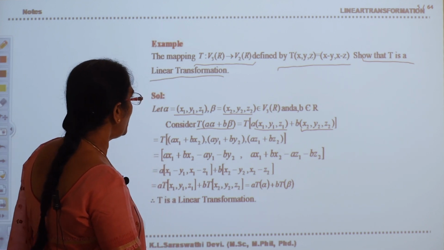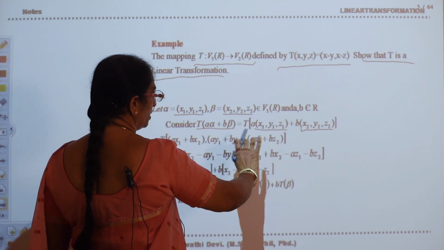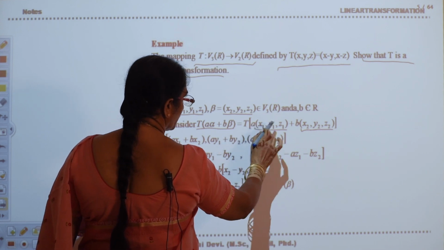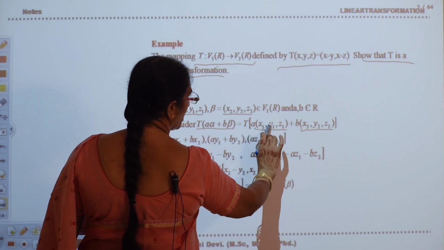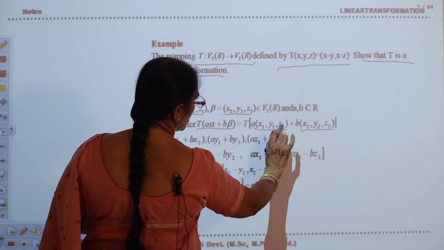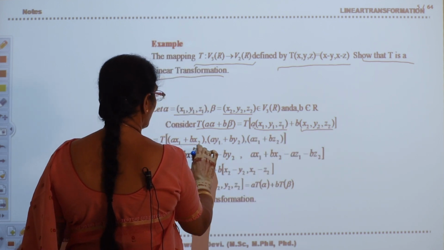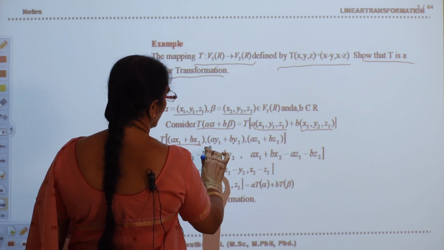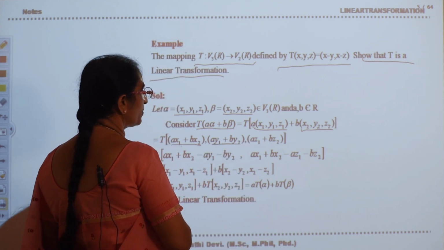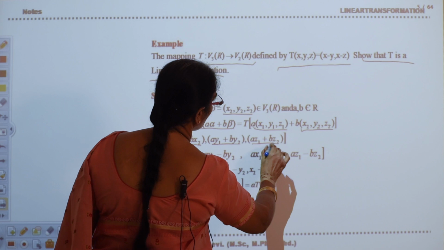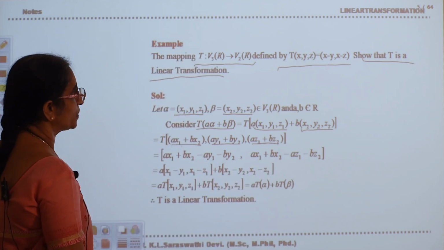Now by scalar multiplication and vector addition, if you add (ax1, ay1, az1) and (bx2, by2, bz2), this is like, in place of x you are having ax1 plus bx2, in place of y you are having ay1 plus by2, in place of z you are having az1 plus bz2.